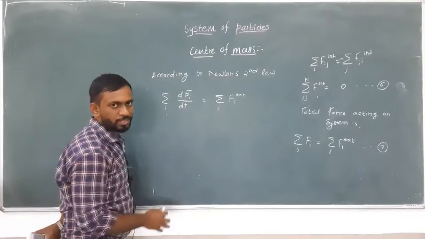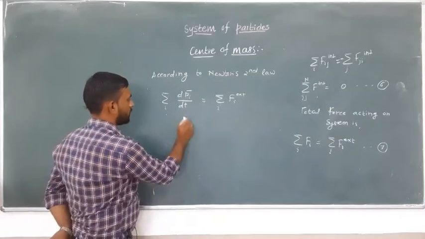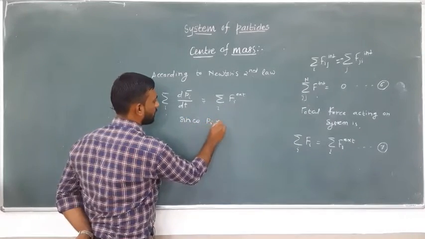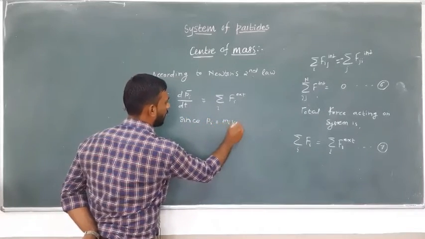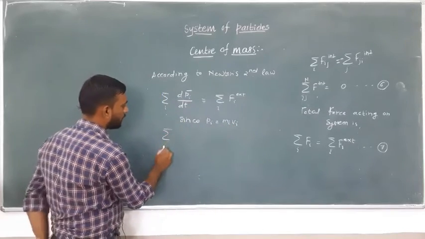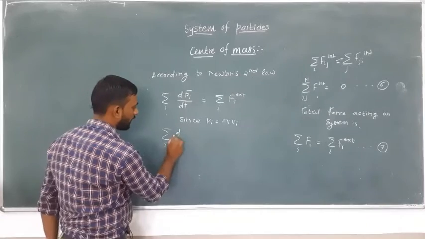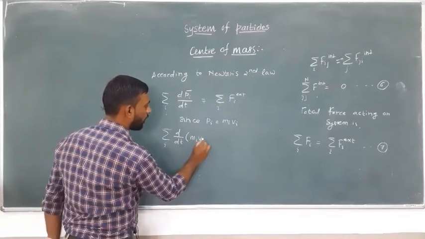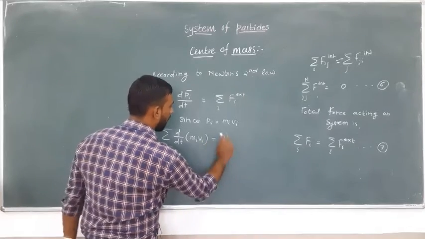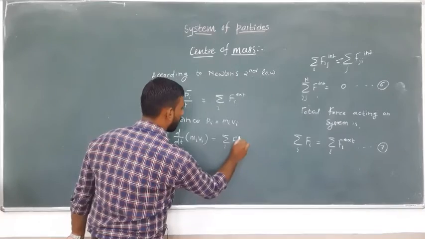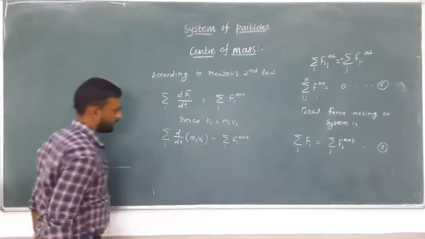Since momentum is mass into velocity, pi is mi vi. If I substitute those values in this equation, I get d by dt of mi vi as it is, and the RHS as it is.